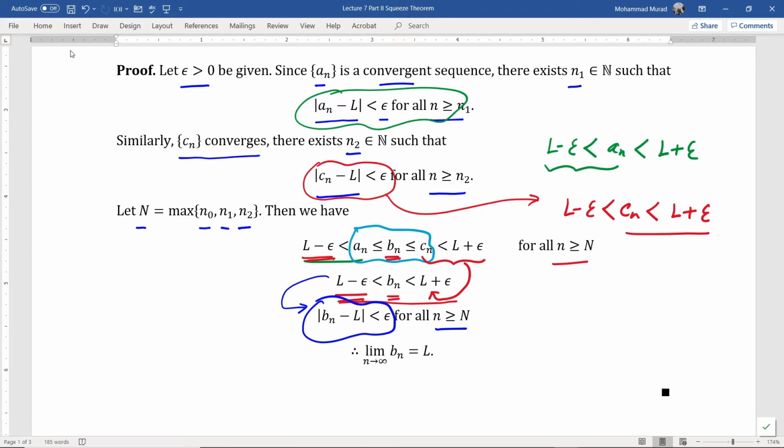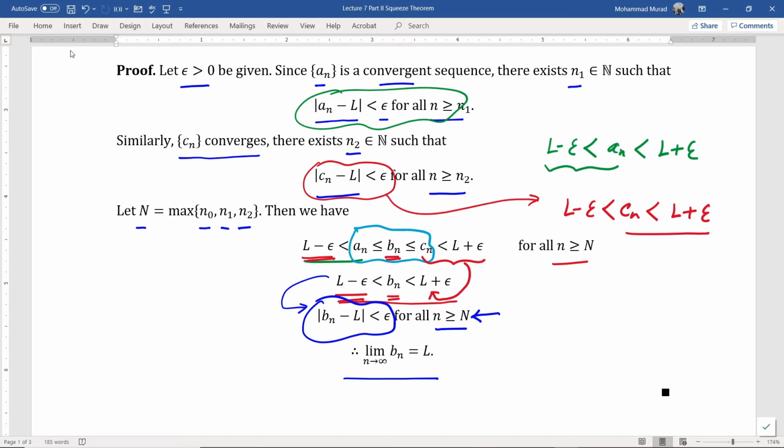So we proved that for every epsilon, a positive real number, there exists some N such that the absolute value of b sub n minus L would be smaller than epsilon whenever the index n is chosen to be greater than or equal to N. By definition, this proves that the sequence b sub n has limit L as n approaches infinity.